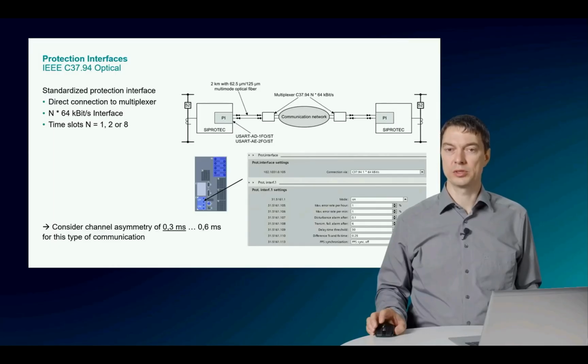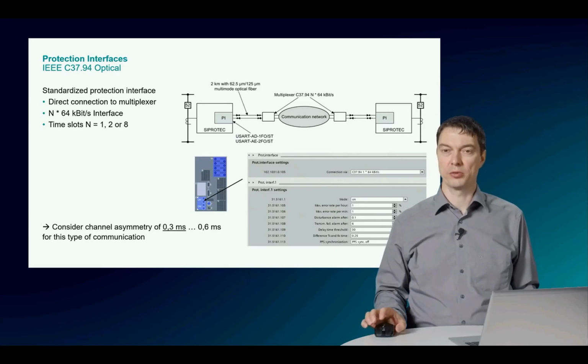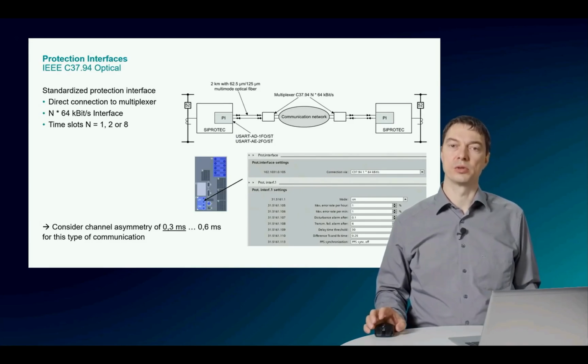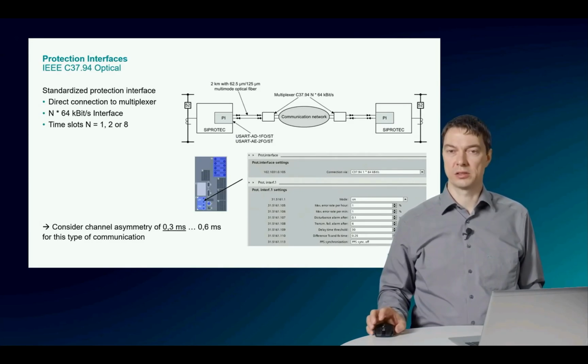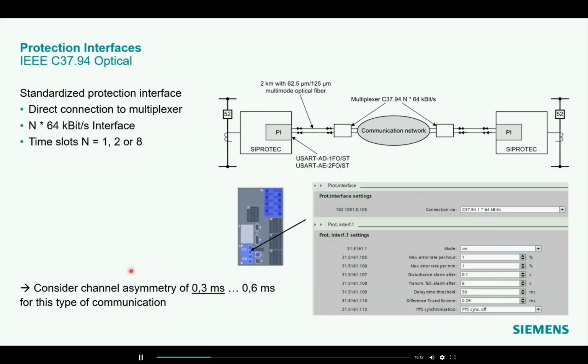A commonly used protection interface found at multiplexers is defined by the IEEE C37.94 standard. The standard describes an optical interface using n times 64 kilobits. N times 64 kilobits means that the communication channel is a setting for the multiplexer, and CPROTEC 5 supports 1, 2, or 8 of such channels to be used.